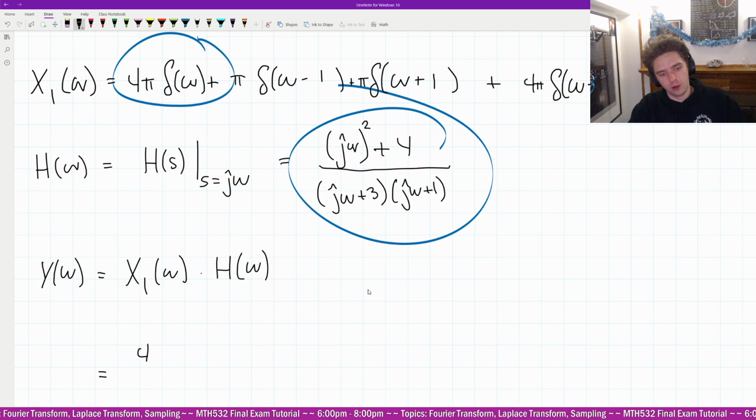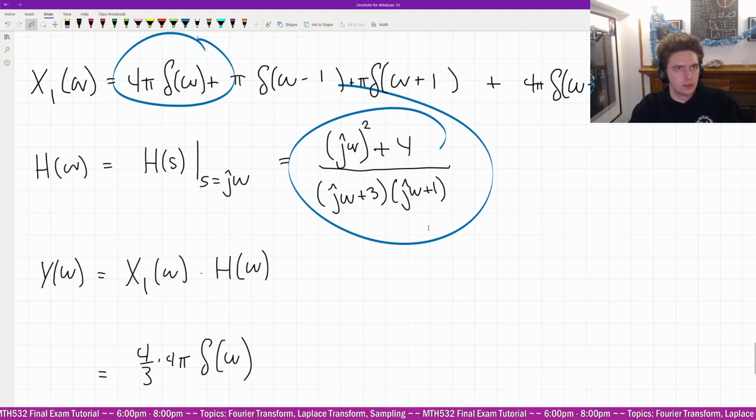So it's just 4 over 3 times 4 pi delta omega. That's the first term. Just making sure: 4 pi, 4 over 3, 4 pi delta omega. Yeah, that's what I have. It's a little bit of a mess, but that's what I have.